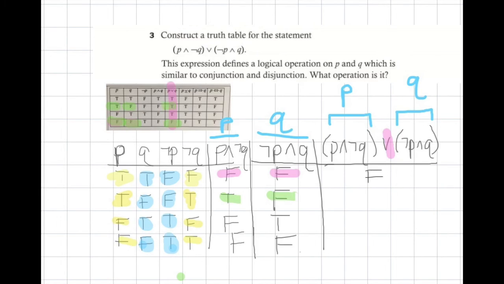True, false is true. Next one, false, true. False, true is true. And last one, false, false. So again, this is the same as the first one. False, false is false. Okay, and here's our truth table for that final statement.